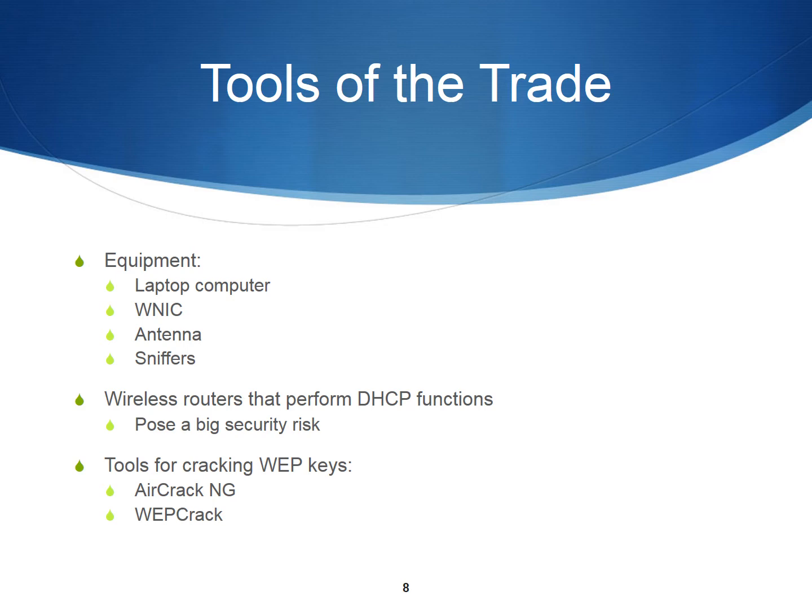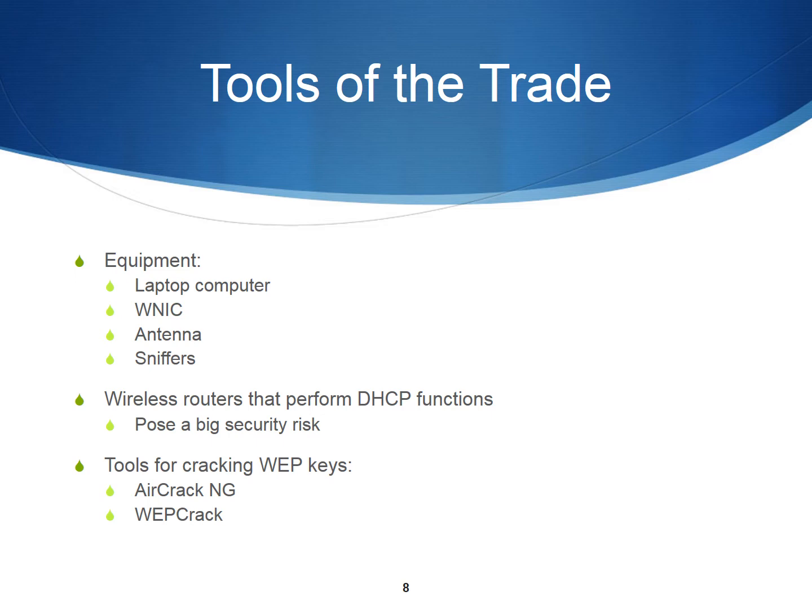Tools of the trade. Some of the tools used by hackers for their work are a basic laptop computer, a wireless network interface card, an antenna capable of receiving radio waves, different software sniffers, and wireless routers that perform dynamic host configuration protocol, or DHCP, functionality, which poses one of the biggest security risks.